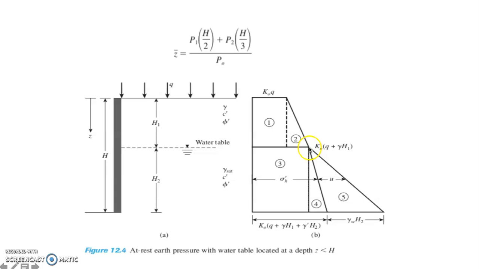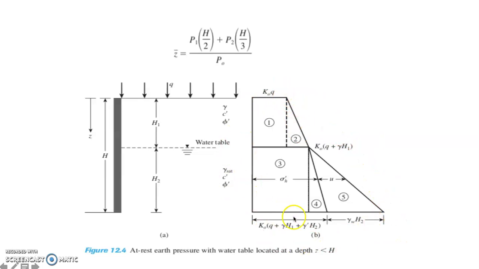From the bottom of H1, you draw a triangular line, so you draw a triangle. You are going to have this point, which is now the value for the pore water pressure. So you have now your pressure diagram.